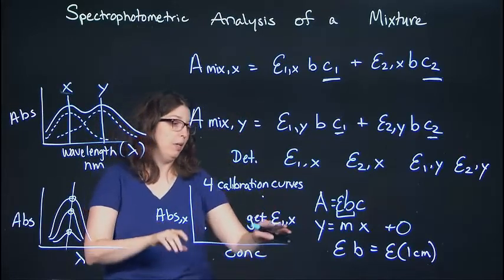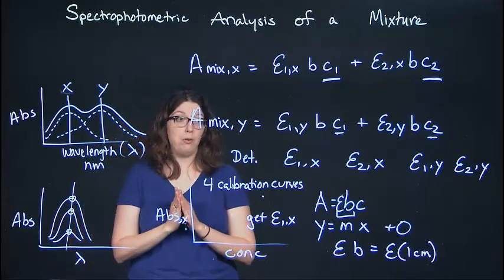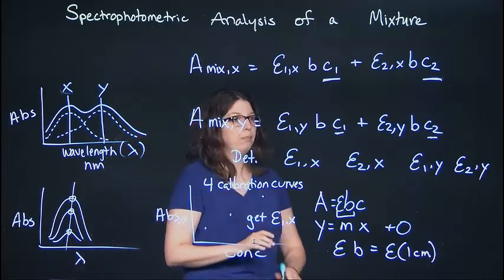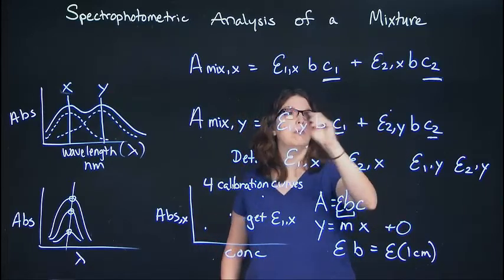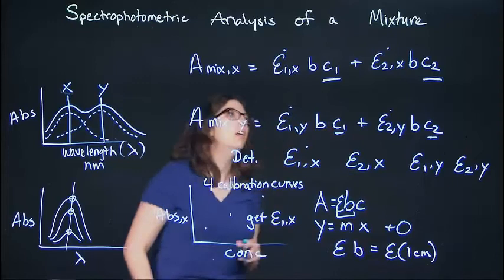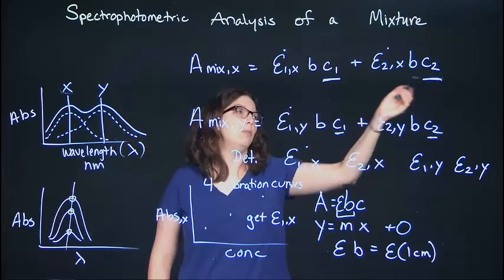And you'll get 4 different molar absorptivity values. So after doing that, you'll be able to plug in these 4 values, and you're left with not knowing C1 and C2.